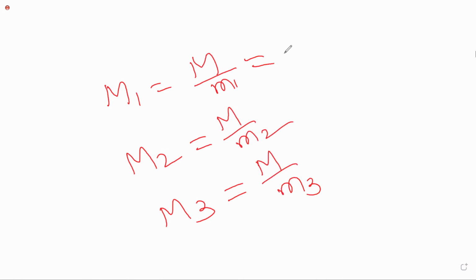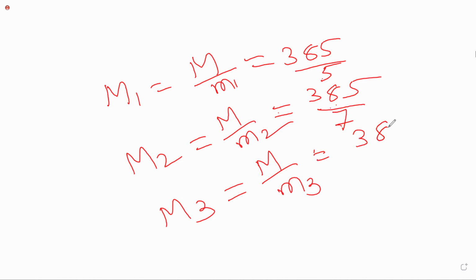Capital M is 385, you know that, right? What is small m1? Small m1 is 5. Yes, very good. Small m2 is 7, and m3 is 11.